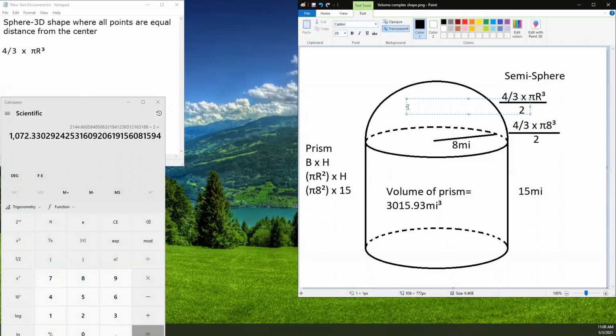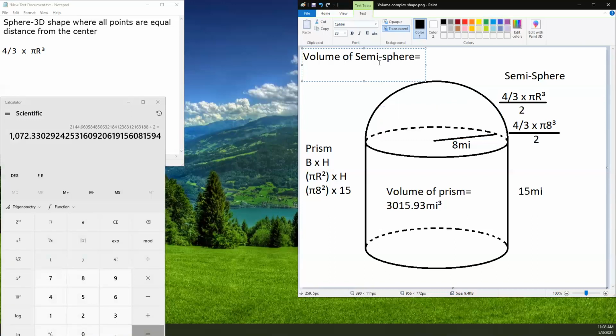So now we've got volume of semisphere. Wow, this is getting really, really jam-packed. Equals, oh, this is ugly. I hate it, but it's fine.